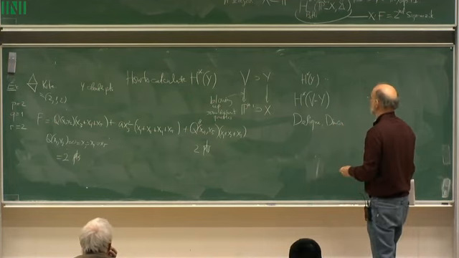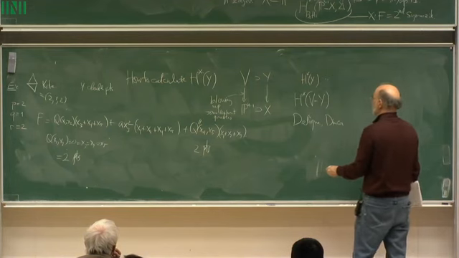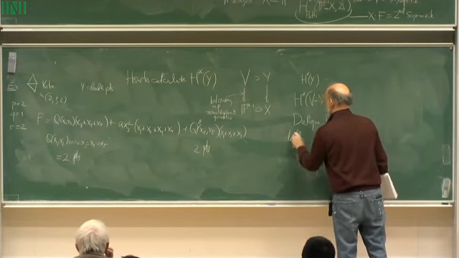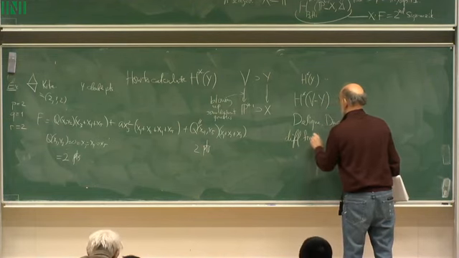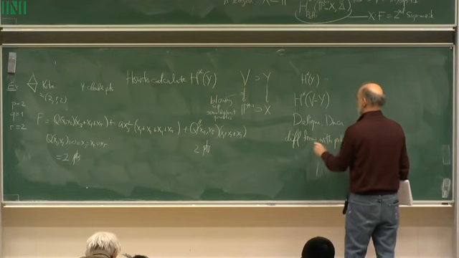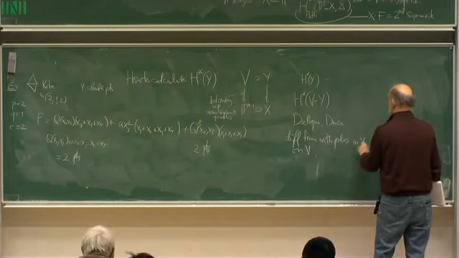They have a way of calculating the cohomology of open varieties using differential forms with poles. So differential forms on v with poles on y.